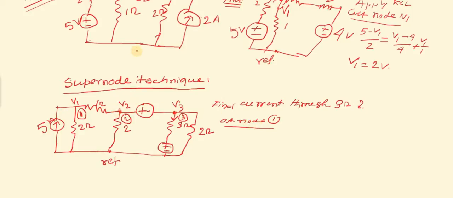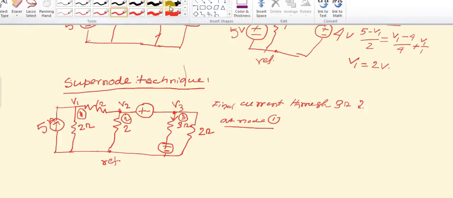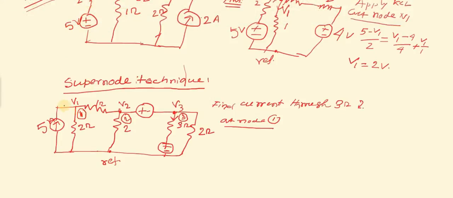As before, we mark the current directions. This is the current direction, this is the current direction, this is our current direction. Also put the current directions here, here, and here.